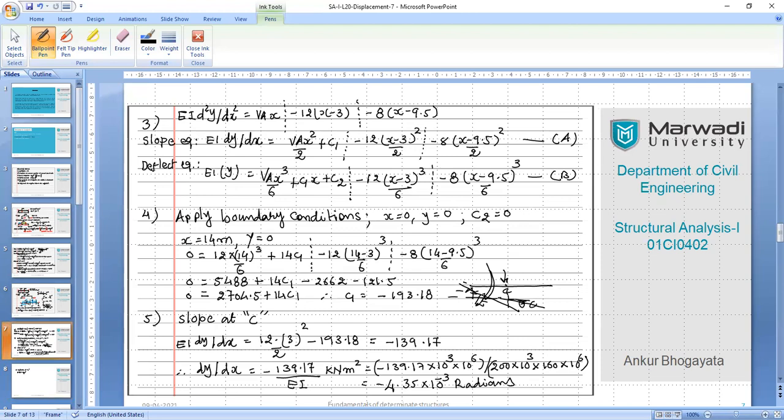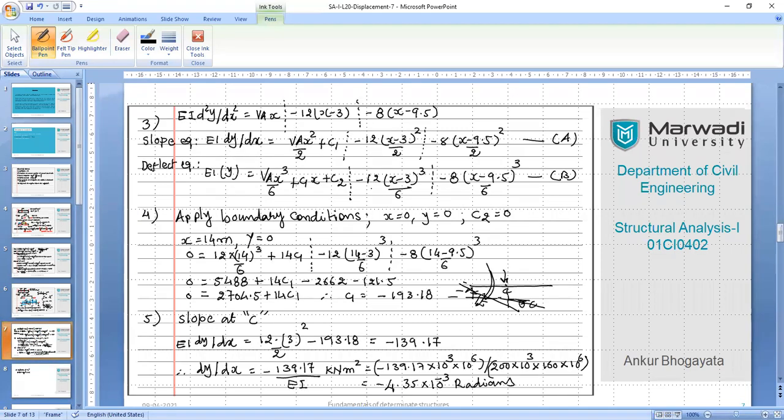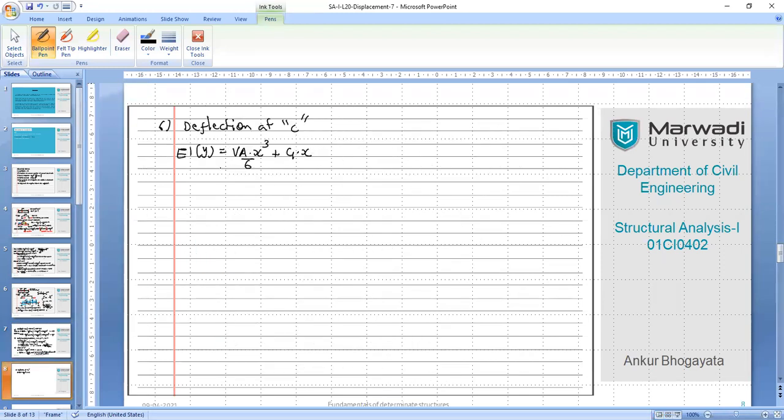Yes, VA x cube upon 6, plus C1 into x. I'll not write down C2 because it doesn't exist. And here this becomes 0 and this becomes negative, so I'll avoid these two terms also in equation B. Please understand. Okay, so that is what we have. Now we'll keep EI as a constant value, right? Just give me a moment.